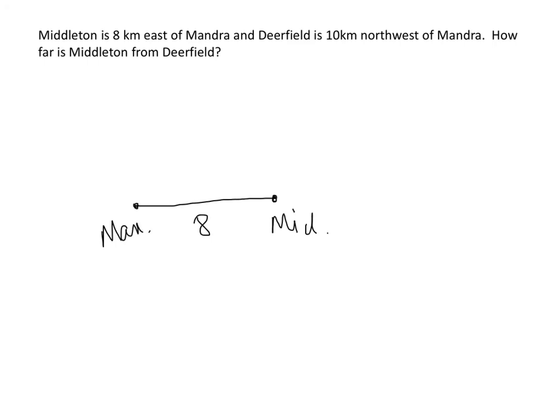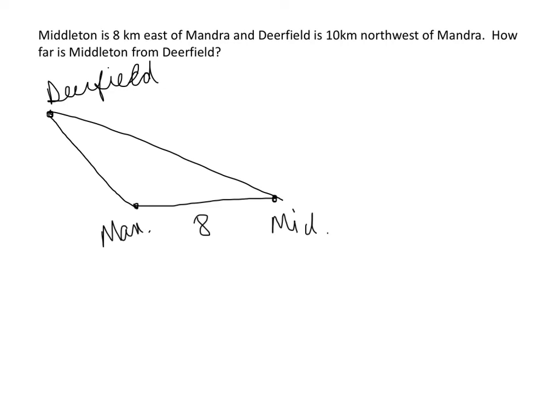Now Deerfield is northwest of Mandra. Well, here's Mandra. There's north, there's west. So Deerfield is somewhere over here. And amazingly enough, I have a triangle. I do not have a right triangle.